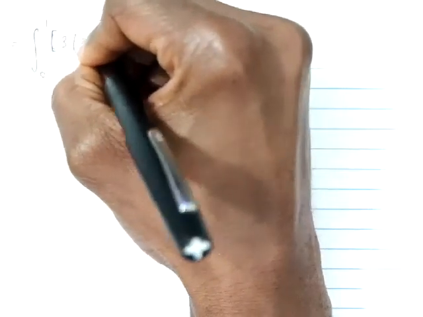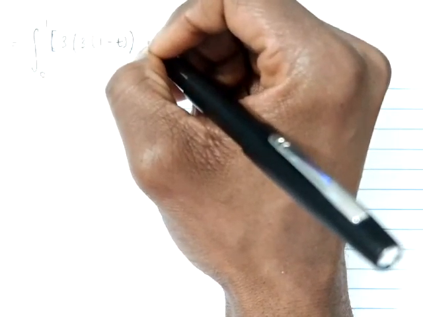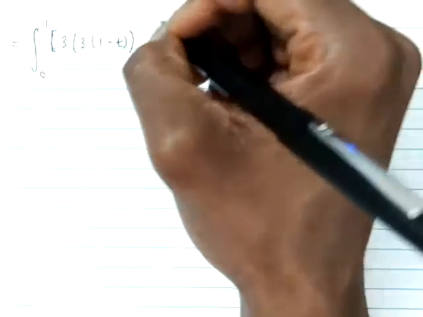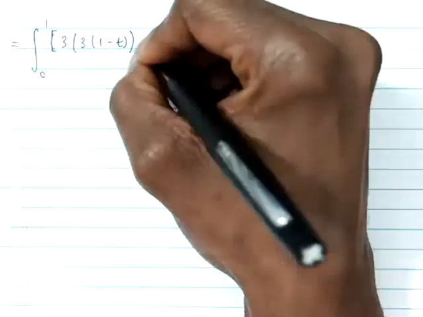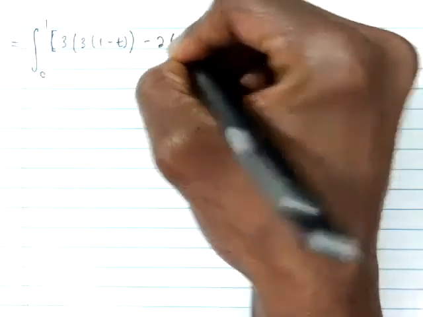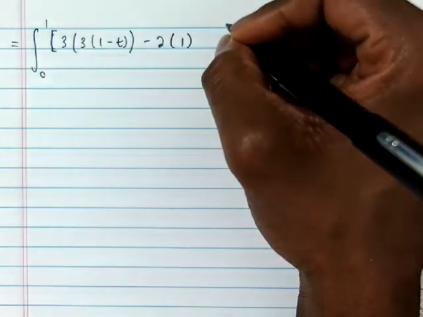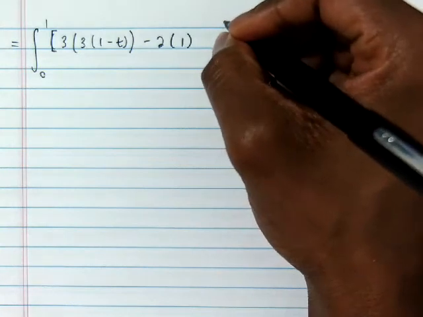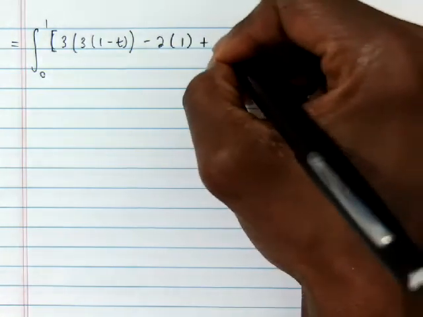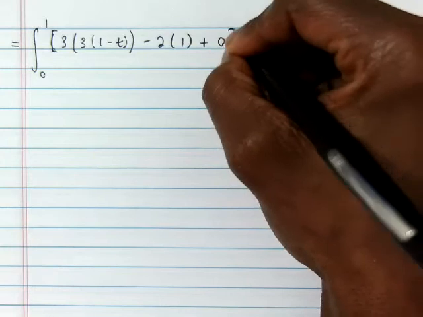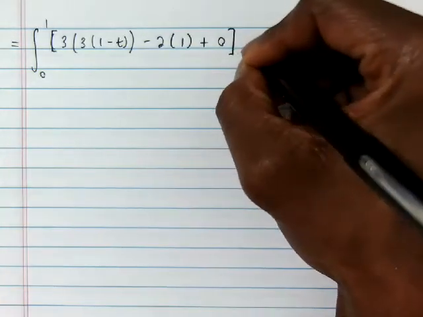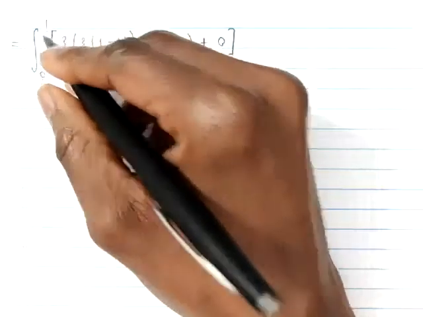Then next we have minus 2y, and y was 1, so minus 2 times 1. And then plus z, and z was 0, so plus 0. And now that we put our bounds in there, it's not ds anymore.